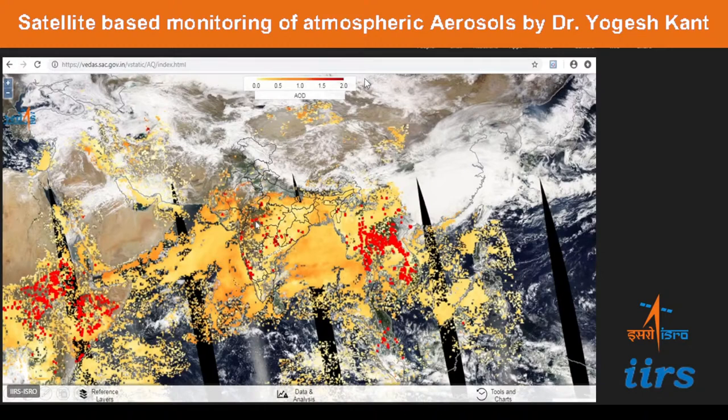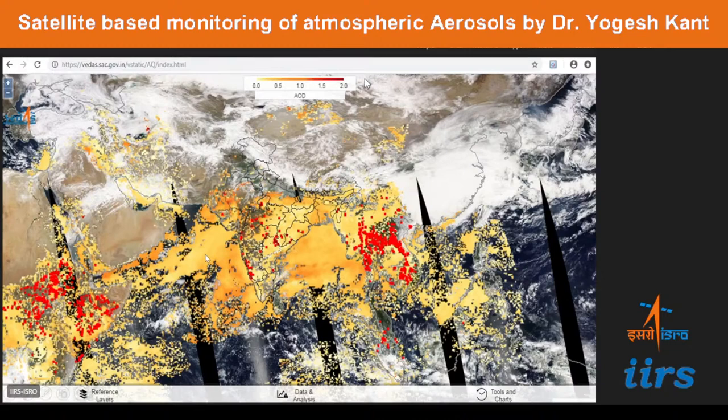So something is happening, there is a fire, and these red dots denote the active fires happening on the ground. You see this region, the Middle East, and then the Indian subcontinent and Southeast Asia, Myanmar, Thailand, and other regions where there are active fires. The fire is happening, forest fires.